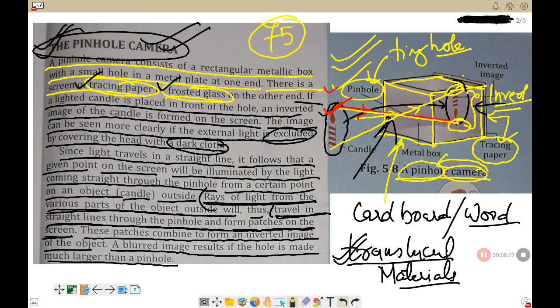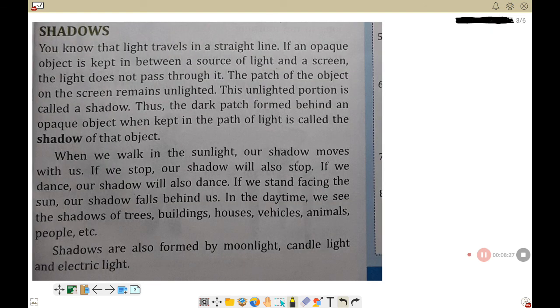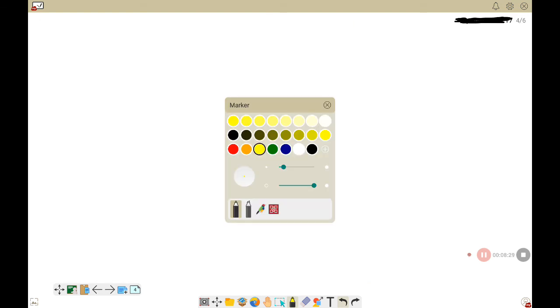One is the distance of the screen from the pinhole, that is, this is the screen and this is the pinhole, so this distance, understand, and the other one is the distance between the hole and the object. Are you getting my point? Yes. Okay, so let me explain here again.